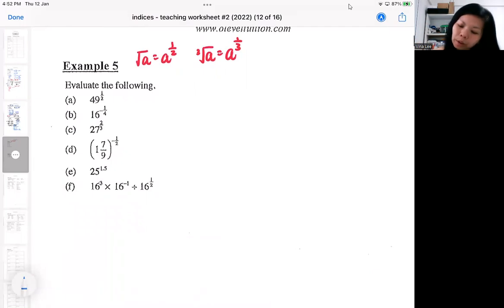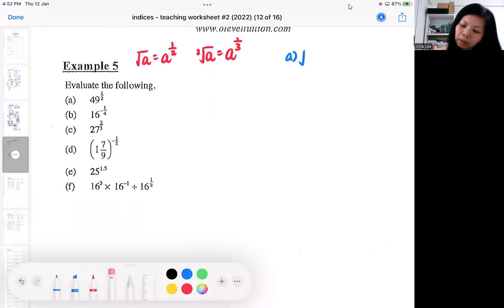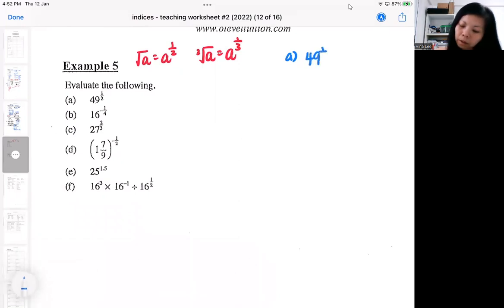So part A is actually quite easy. Part A is 49 to the power half, which represents the square root of 49. So that will be 7. Or some students will present it this way.